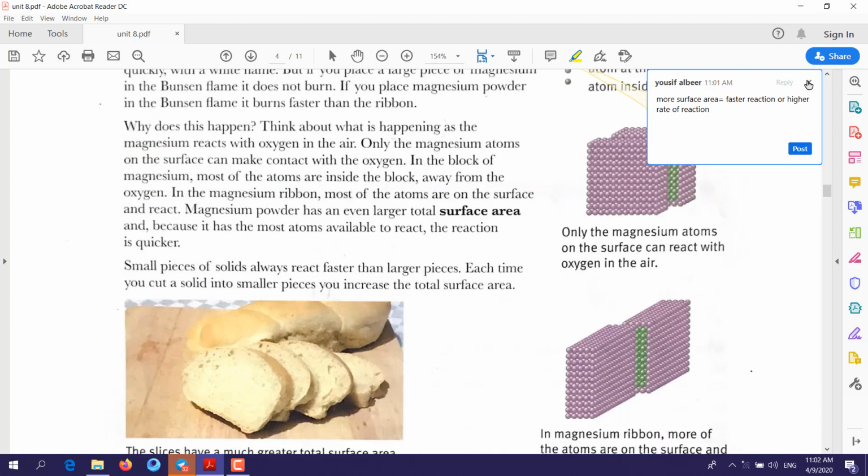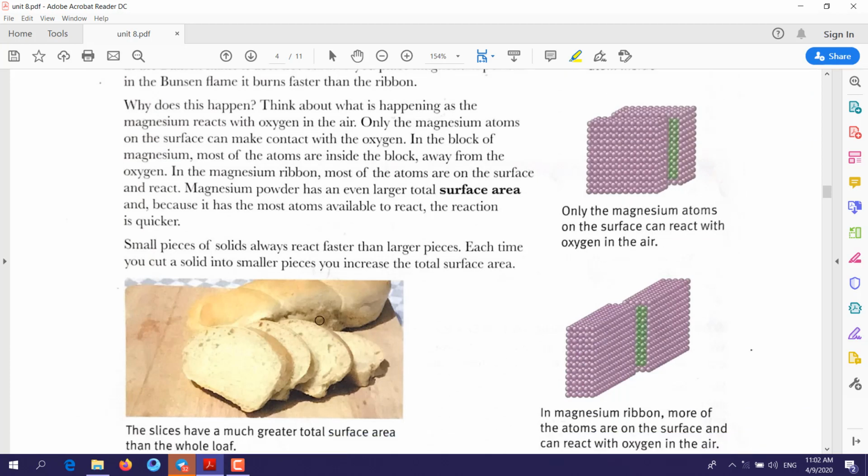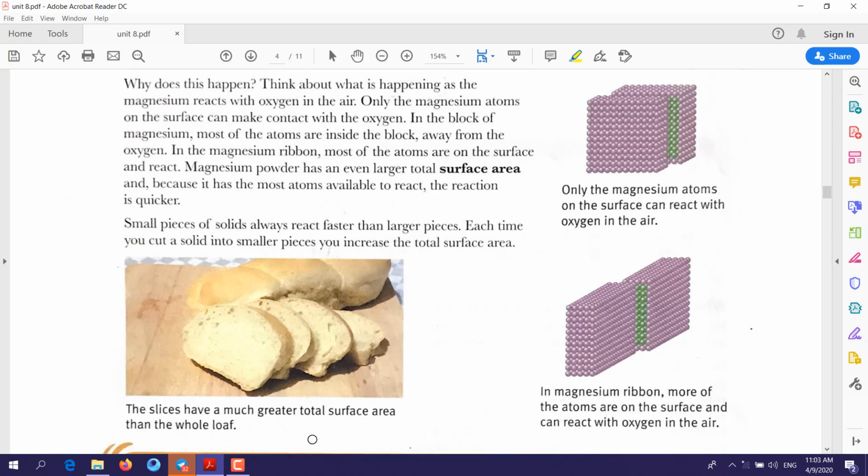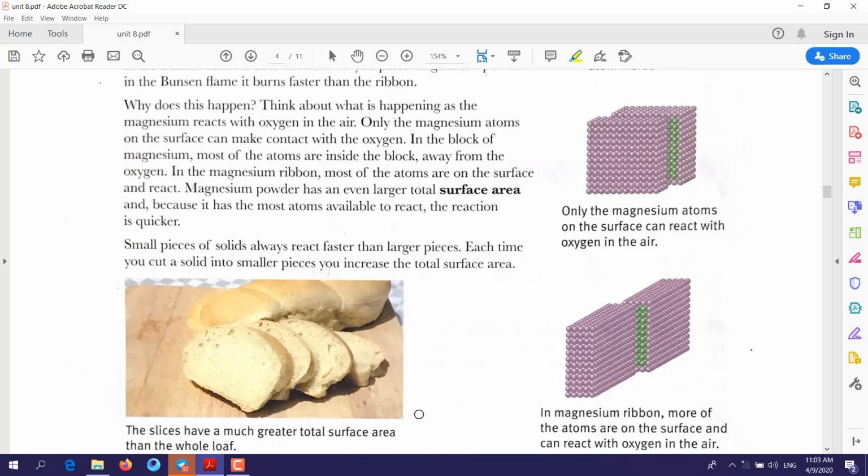let's take a look at this example. You have bread here. What do you think? If you put this bread outside, which one will dry faster, if the bread is in this shape or in this shape as slices?